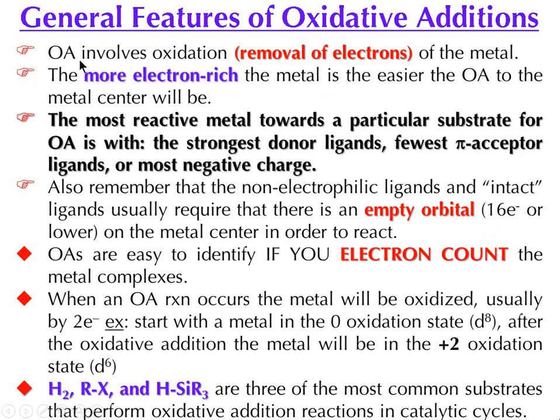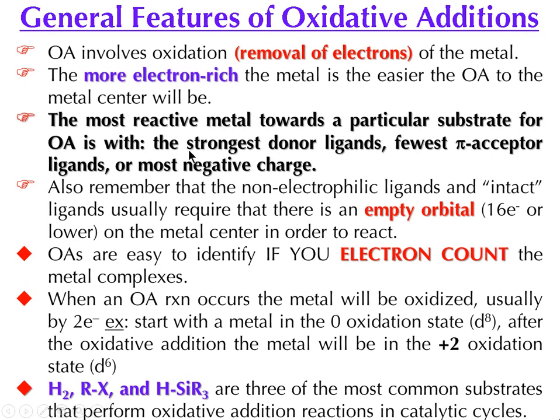So the oxidative addition involves oxidation, that means removal of electrons of the metal. As the metal is more electron rich, the oxidative addition is favored. The most reactive metal with a substrate for oxidative addition is when the metal center is rich in electrons.